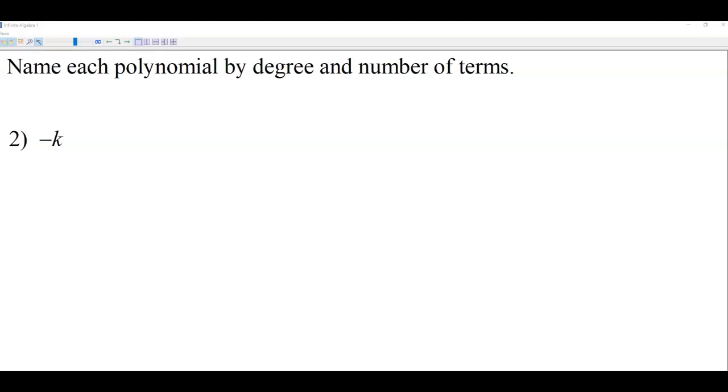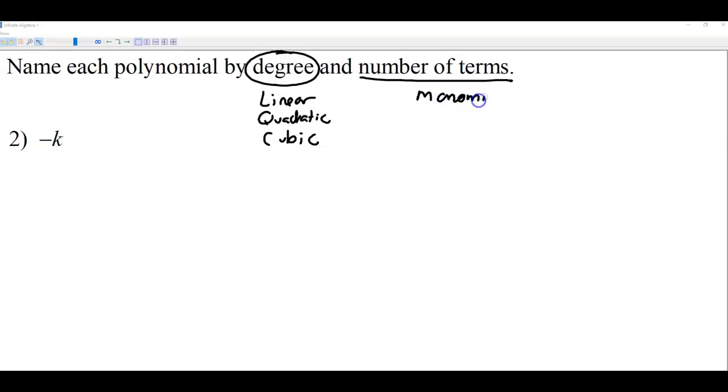So the first question wants us to name the polynomial according to degree and number of terms. By degree, what that means is, is it a linear function? Is it quadratic? Or is it cubic? And then by number of terms, is it a monomial?